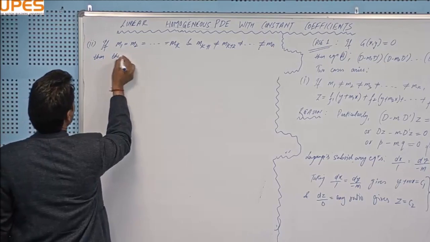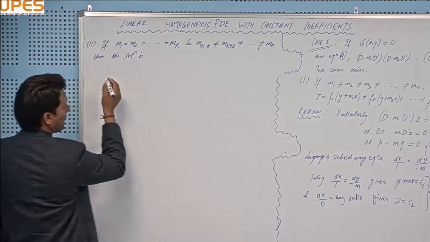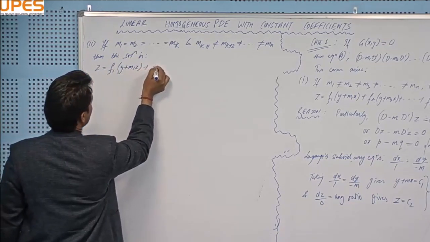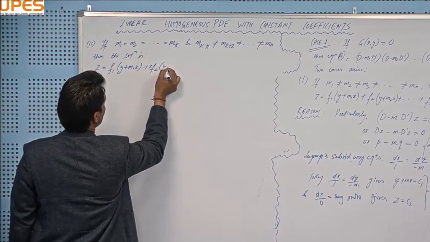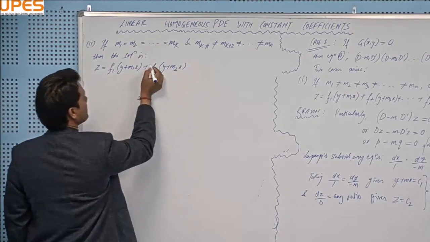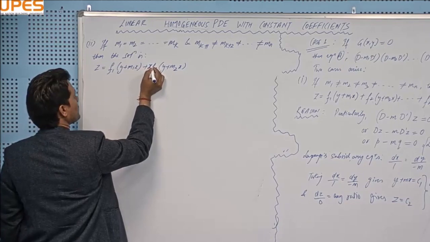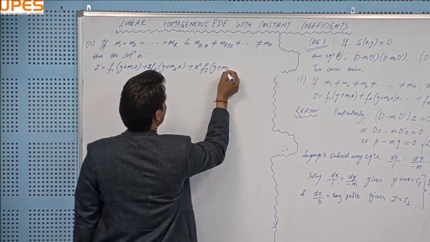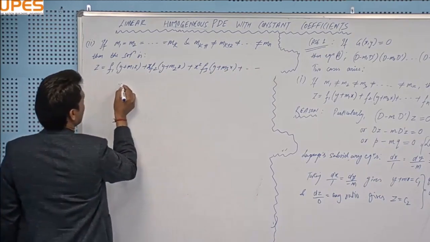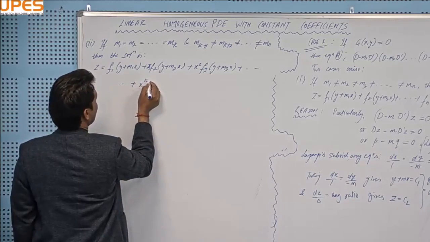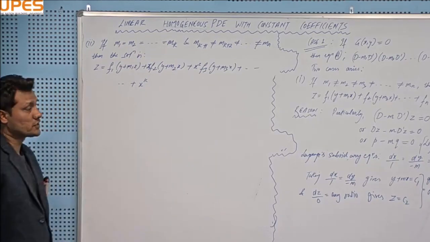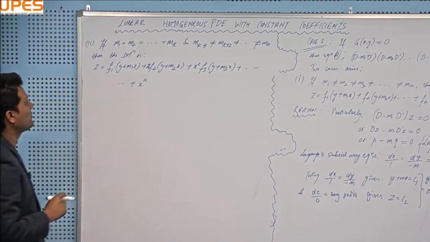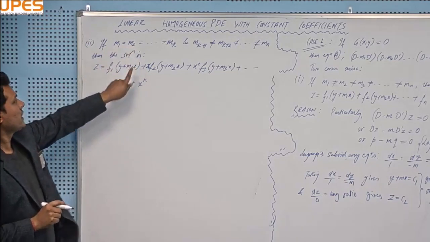In that case, the solution is given by z equals f1(y plus m1x) plus x times f2(y plus m2x), and see this x has been introduced here, and then x squared times f3(y plus m3x), and up to x to the power k minus 1, because k roots are equal. If two roots are equal, then I have these two terms.